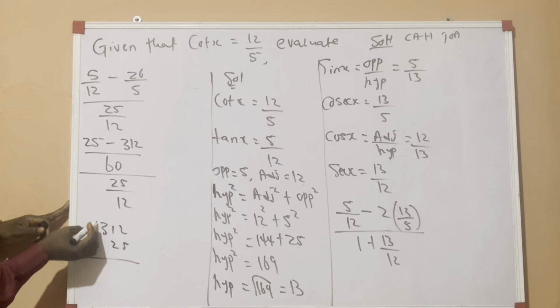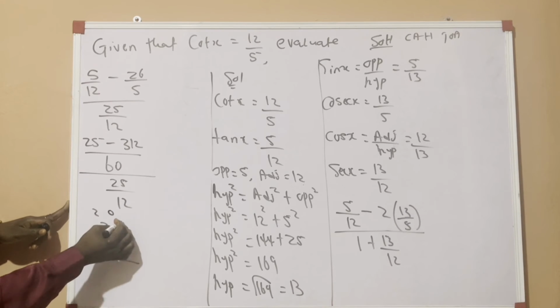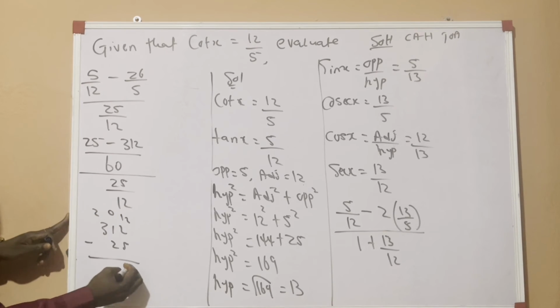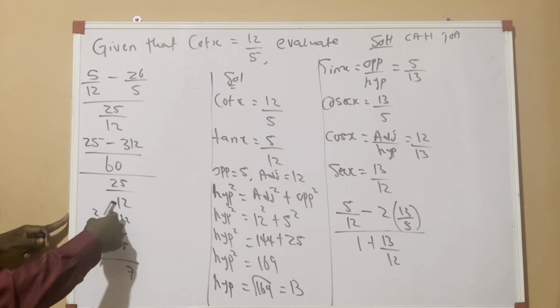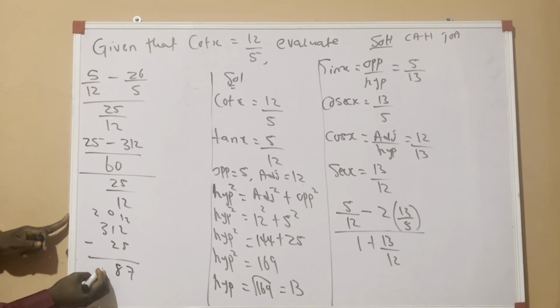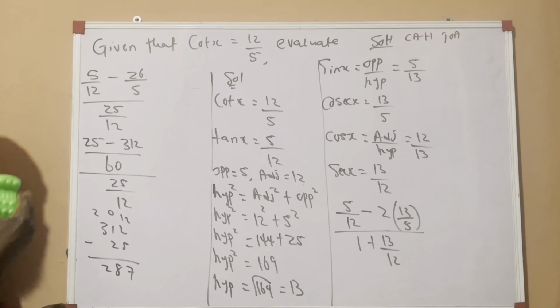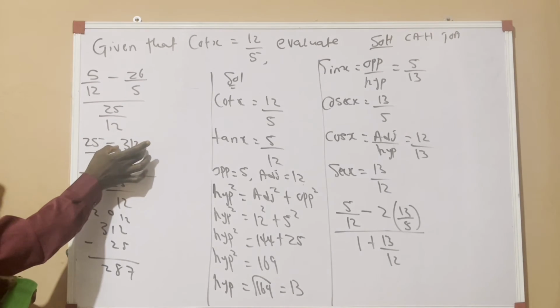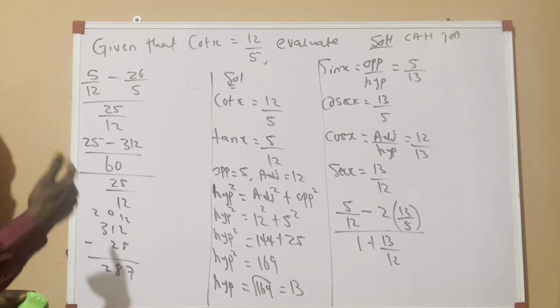Okay, take 1, here becomes 2, here becomes 11, take 1, here becomes 10, here becomes 12. 12 minus 5 gives us 7. Okay, here becomes 10. 10 minus 2 gives us 8, and here becomes 287. So automatically we are going to be having minus 287. Why are we having minus 287? Because 312 is bigger than 25. So the answer must be a negative sign.